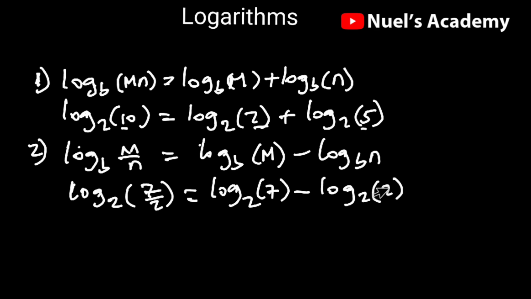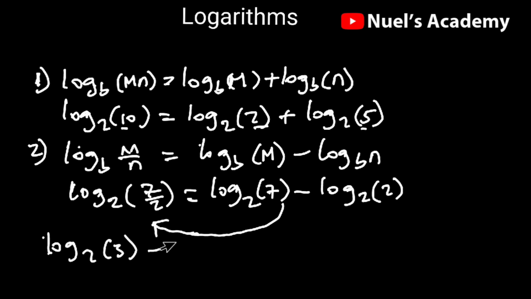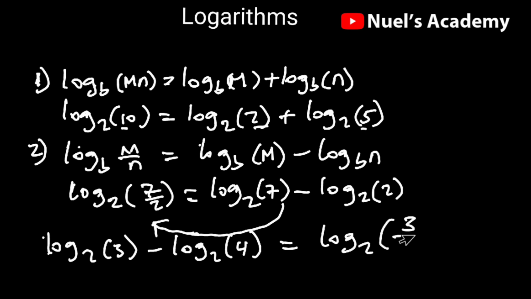And then the inverse, like if you want to write it from this form to this form, for example, you have log 2 of 3 minus log 2 of 4. So this can also be written backwards as log 2 of 3 over 4.